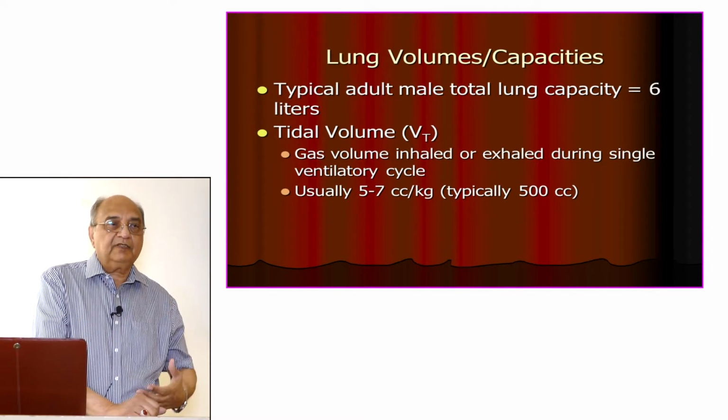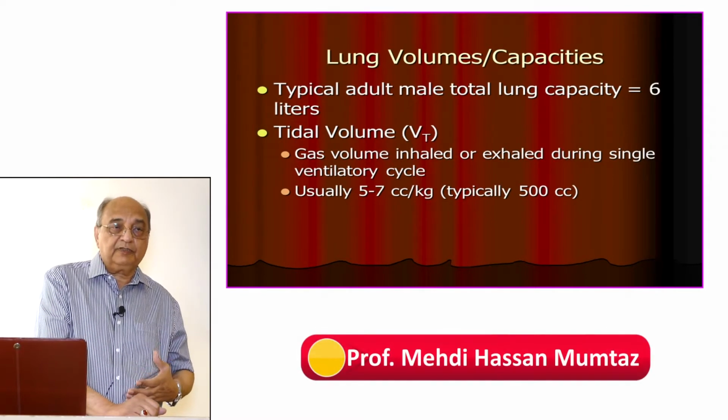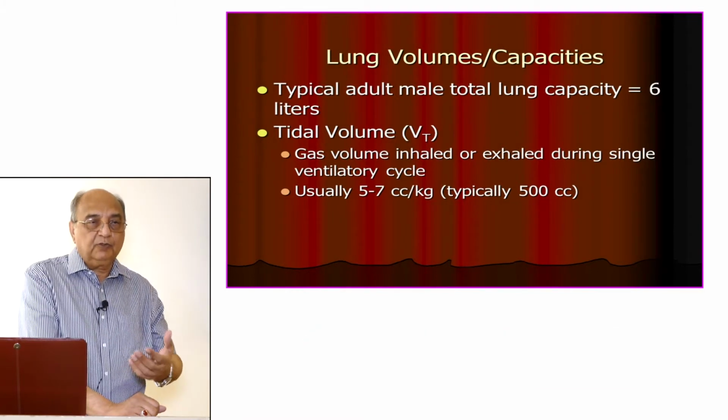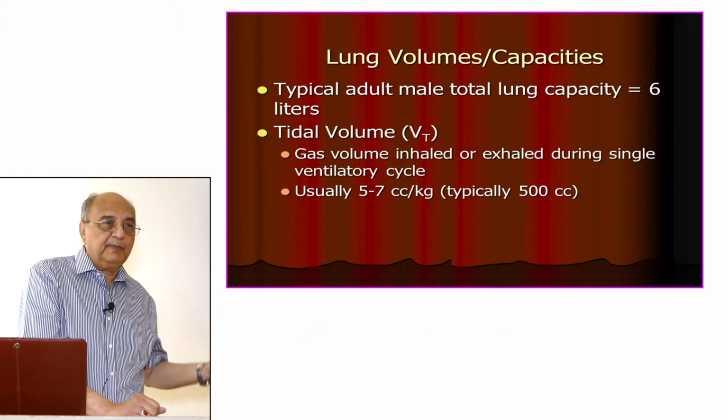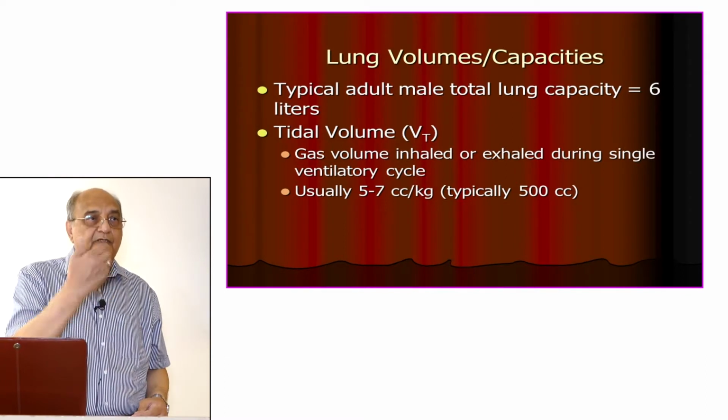Now this is the normal ventilation perfusion ratio. It means there will be proper exchange of oxygen going into the blood, and the proper amount of carbon dioxide coming from the blood into the alveoli and vented out.